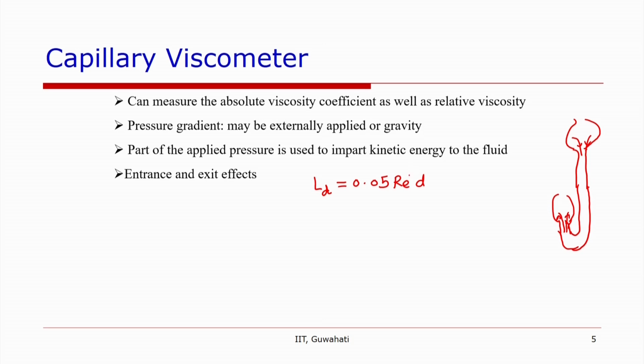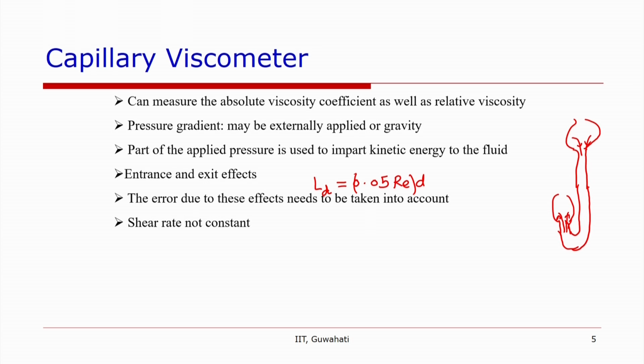So this tells us that we should keep the Reynolds number sufficiently small so that the flow quickly becomes fully developed. So it is important to take into account all these errors while measuring the viscosity in a capillary viscometer.